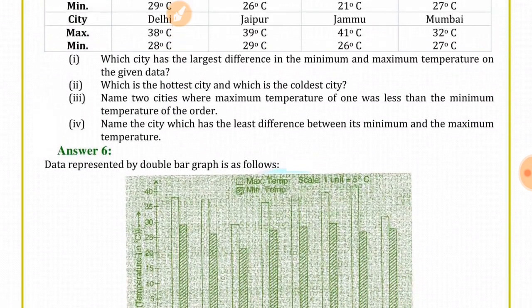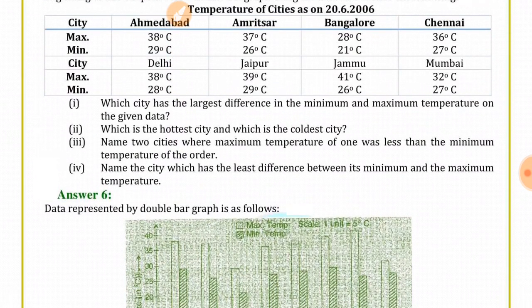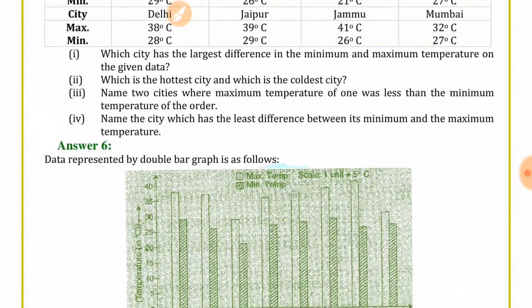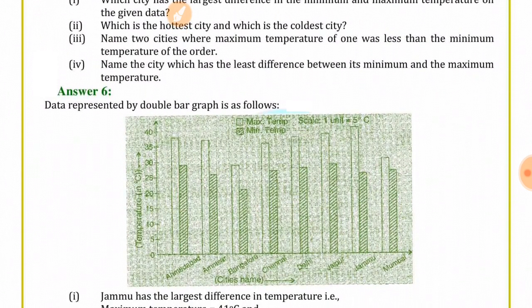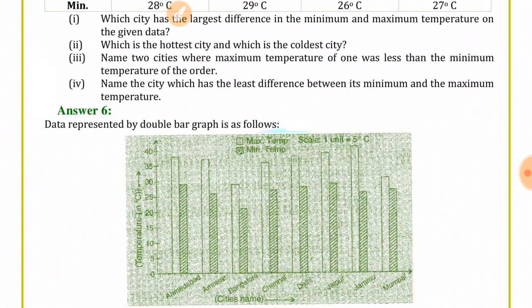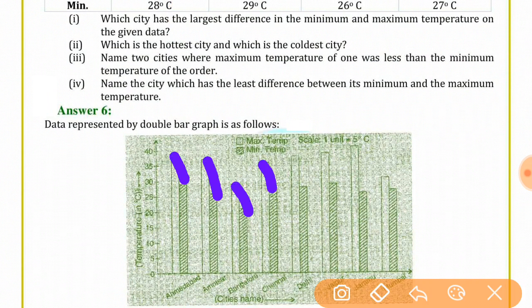First question: which city has the largest difference in the minimum and maximum temperature on the given data? See by the graph also, the line which is longer you must choose. Largest is it not Jammu?